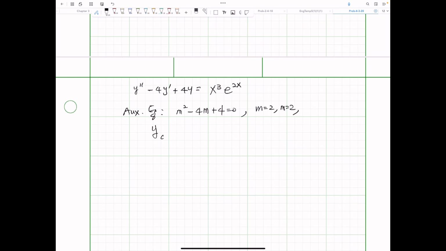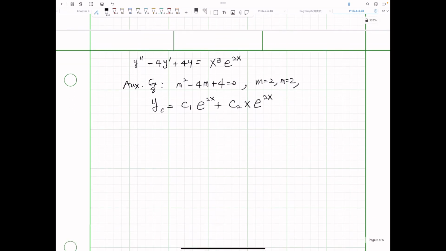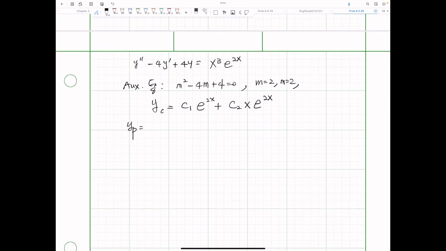Therefore, y_c equals c1 e to the 2x plus c2, and we cannot use the same one, so we need to multiply by x, giving x e to the 2x. Now for y_p, we can assume a x cubed plus b x squared plus c x plus d, times e to the 2x.